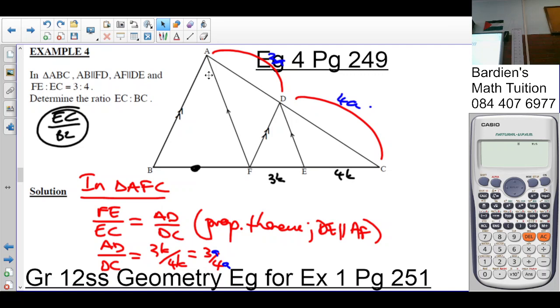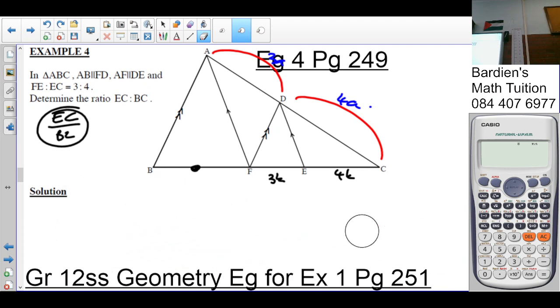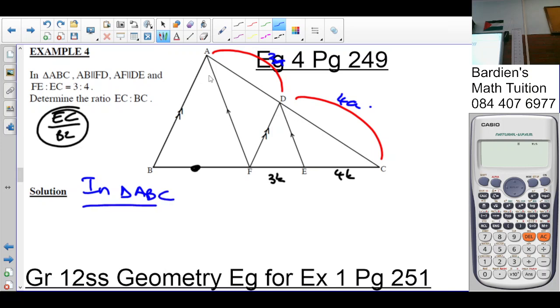Okay? So what I'm going to do is erase this here as I need the diagram in focus. I'm going to go with the blue here. So below that I now write in triangle ABC. And I'm going with this triangle here. So can I go now remembering those lines are parallel?